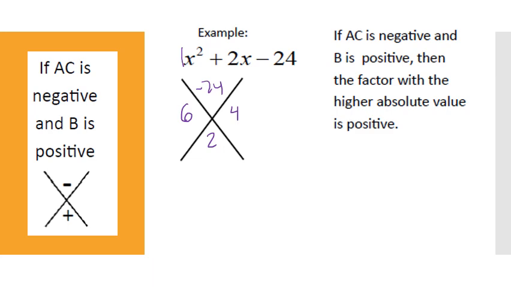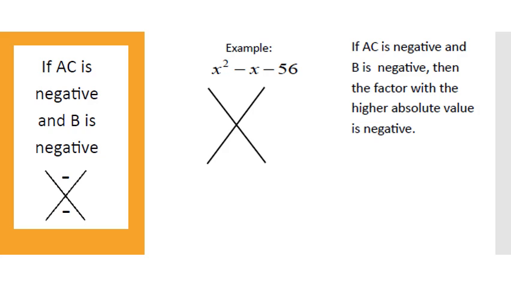The bigger number will stay positive, so 4 has to be negative. Let's check. 6 plus negative 4 is 2. 6 times negative 4 is negative 24. So I have the correct values. I can go to my solution. One factor is x plus 6. This time I have x minus 4 on the right.